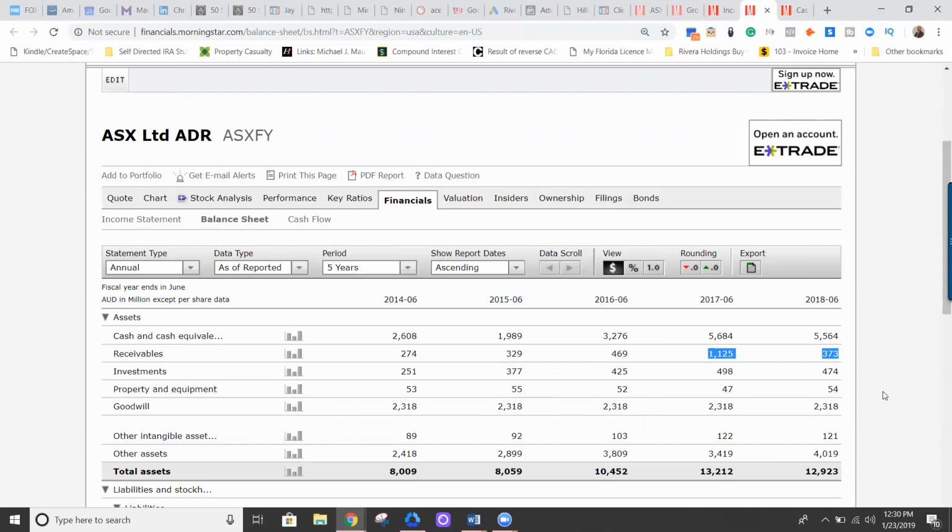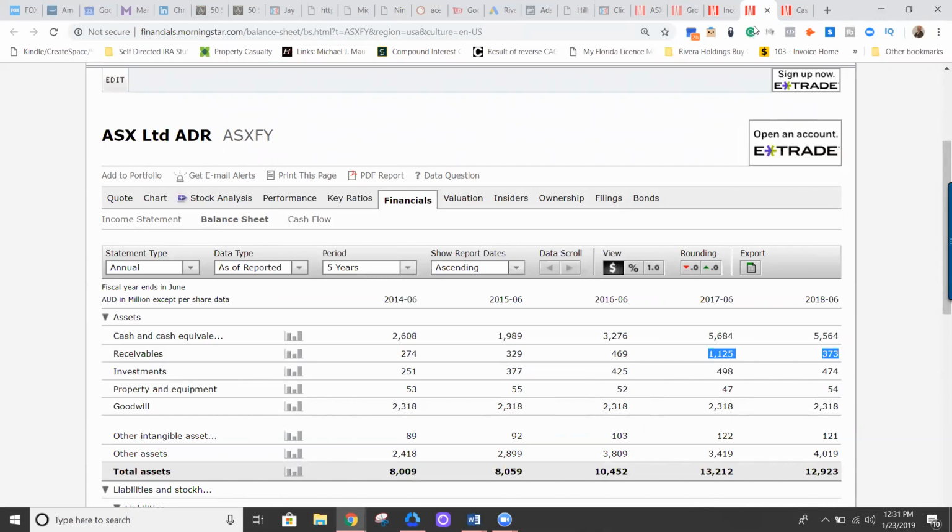Let me check. Let me see if I fat fingered my calculator here. Yes, 373 minus 1125. Did you get minus 752 or what was it? 752, yes. Sorry, did I say 725?